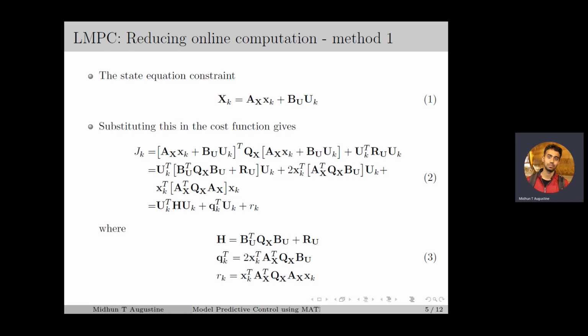We have from the previous lectures, the state equation can be represented as an equality constraint as in equation number 1, which gives the predicted state sequence vector capital Xk in terms of the current state vector small xk and the control sequence vector capital Uk.